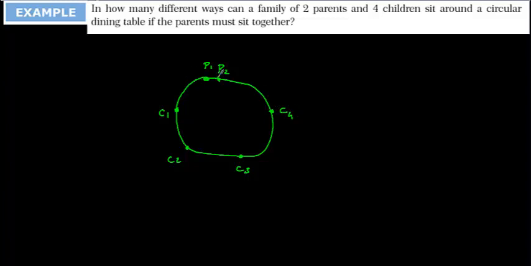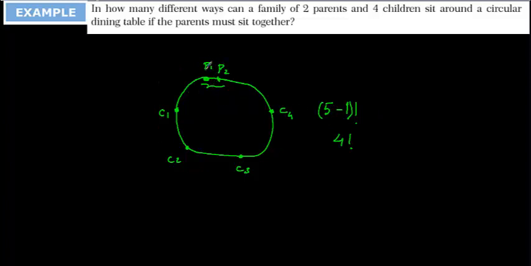If we group them, they behave as one, so this is going to be one person. So around the circular table there are now 5 persons. How many different ways can we order them? The answer is 5 minus 1 factorial, which is equal to 4 factorial. If we fix this point, there are 4 left.